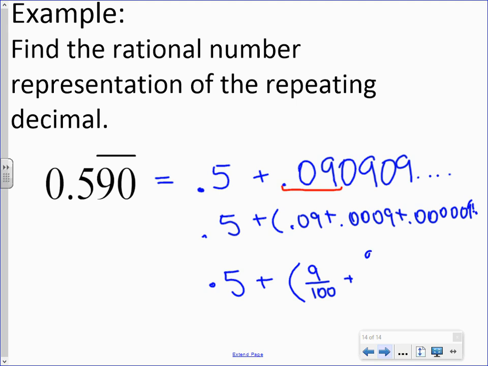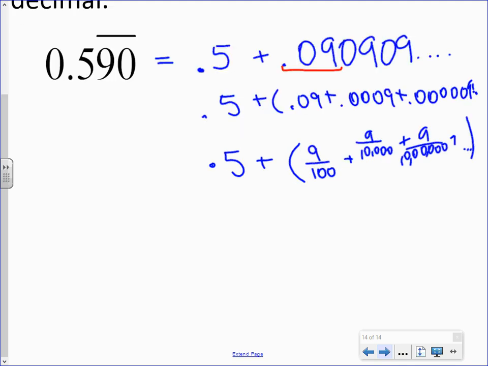This would be 9 over what? 10,000? And this would be 9 times that's like 9 million, right? Okay. What's our common ratio then? 1 over 100 to the n.